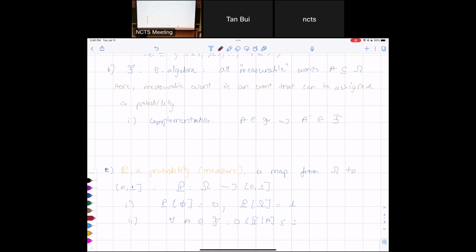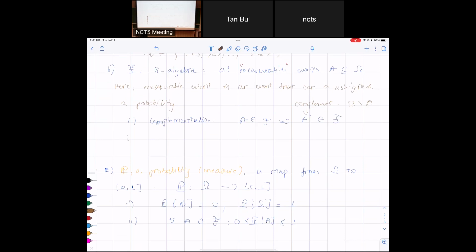By the way, this complement is equal to omega minus A. That's a complement set. A prime is the complement of A.